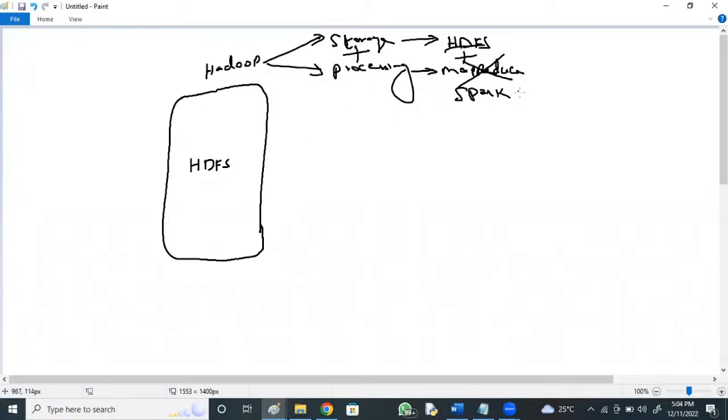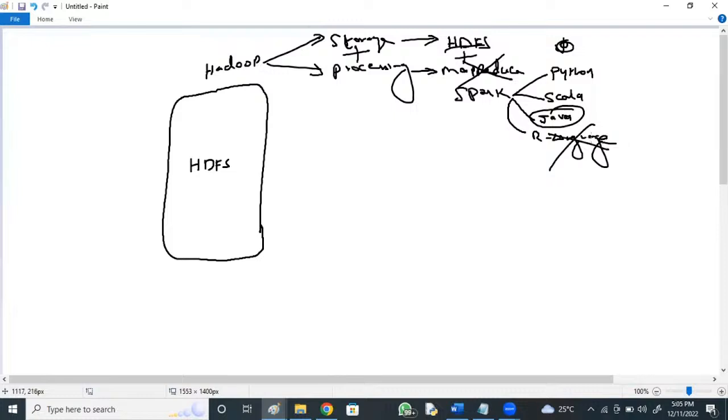Spark has an implementation coded in multiple languages. I was saying Python, Scala, Java, and R language. But Java is never preferred, only a couple of companies, one or two, prefer Java, and the R language is never used.